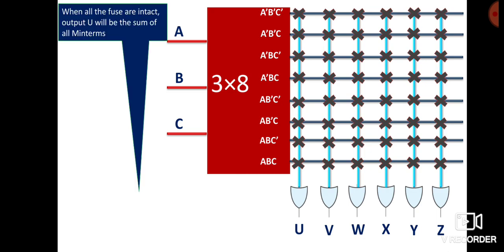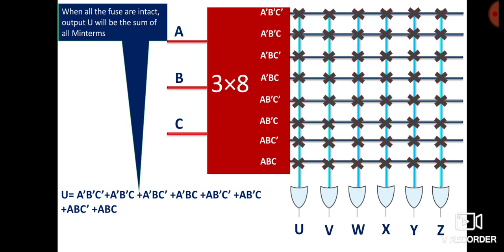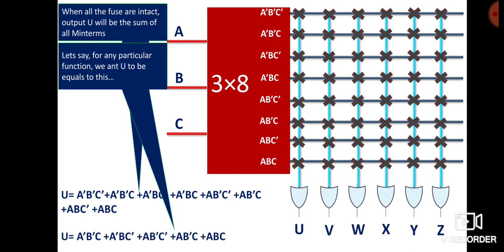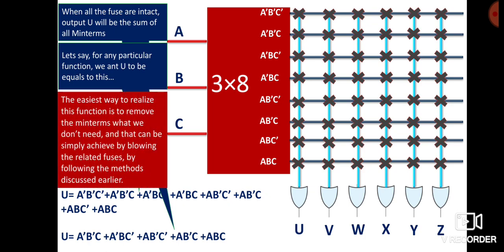So in other words, this is your U. Okay, and let's say for some particular purpose, you want your U to be like this. Here in total we have only 5 minterms, and we have to exclude certain minterms. How will you exclude those minterms? That's very easy. Simply we'll blow out those fuses. What do I mean by fuse?